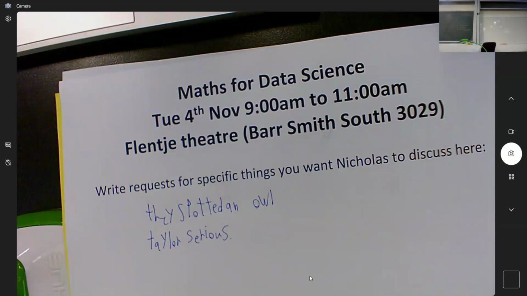We can do the spotted owl, which I think is a reference to Markov chains, and do a couple of examples and talk about the sort of things you might see in the exam. One of the other students I've talked to has suggested that maybe we could look at some of the practice problems you were given and look at some of the harder ones, or talk about those concepts in a way that might be helpful for preparing for an exam.